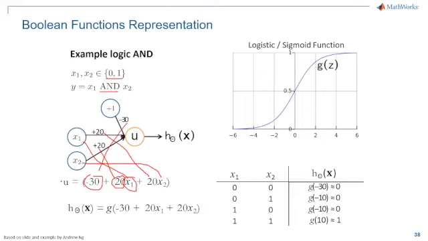So you sum this, it's going to give you a value. And you pass it through the sigmoid function, this activation function.